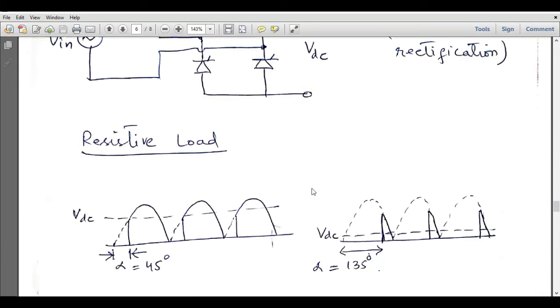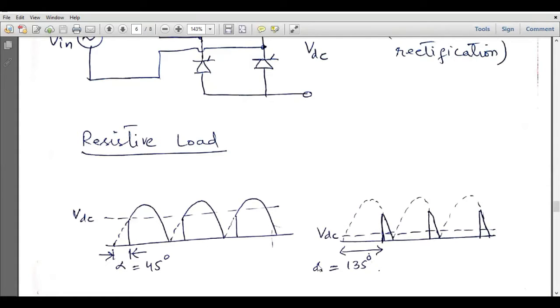So first of all, we will discuss our results in the presence of the resistive load. And when we have resistive load, after specifying an angle of 45 degrees, such an output is obtained for the full wave controlled rectifier.